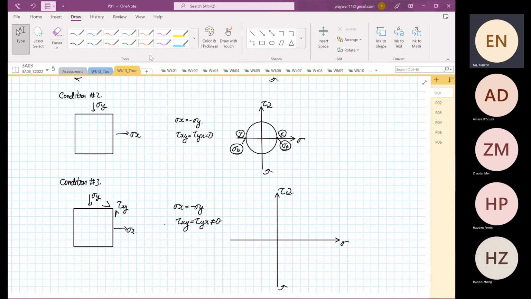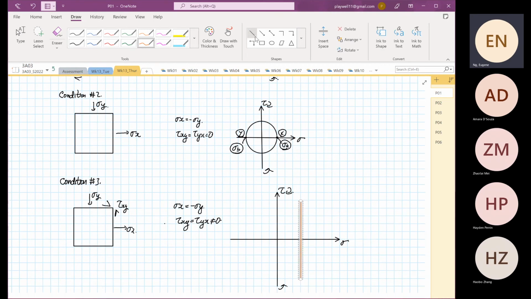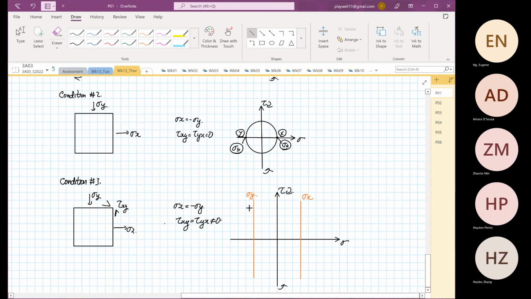Here is our sigma x, sigma y, and our shear. Over here will be our point x, and over here will be our point y.